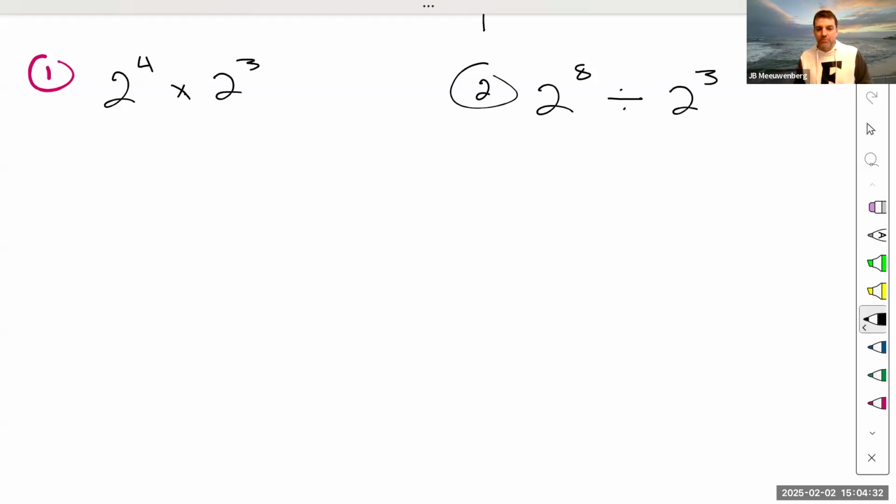Sorry, I wanted to do times for the first one. So go ahead and pause, take a moment, and see if you can evaluate those and do 2 things. State them in exponential notation and then actually evaluate them and give their real value.